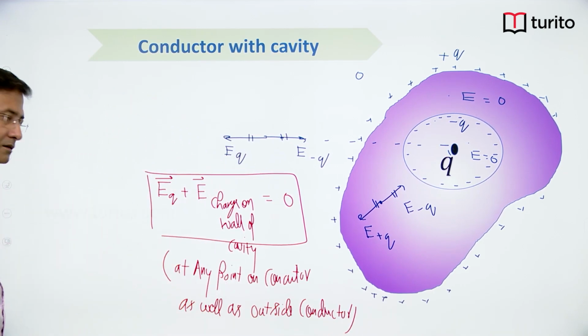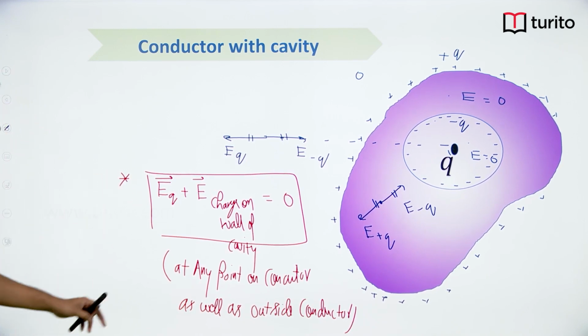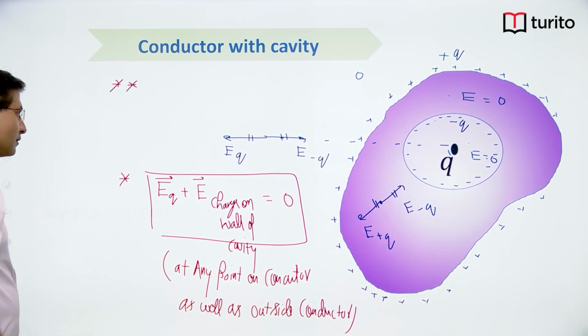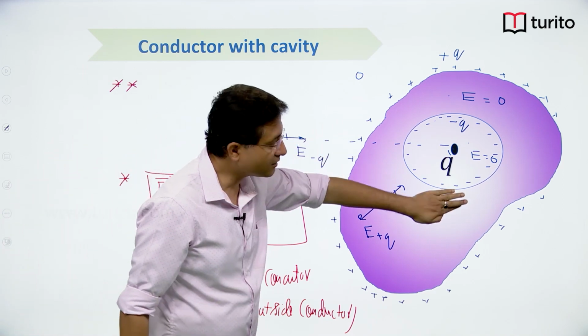Right, this is the first point. Second point was the charge appearing on the surface of the conductor.